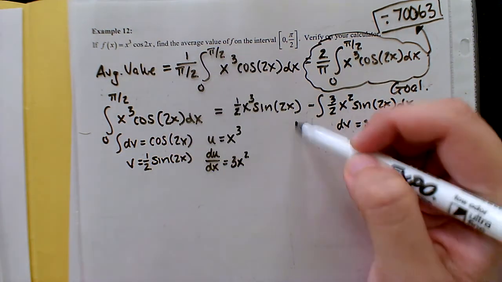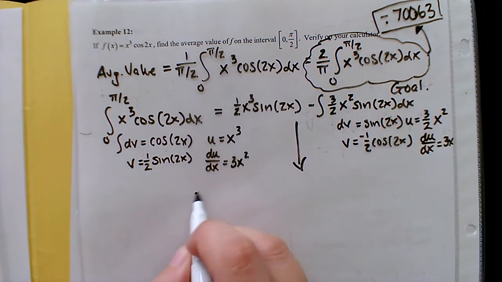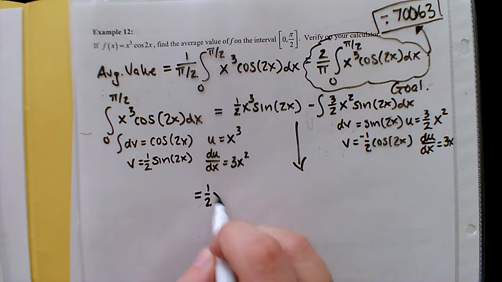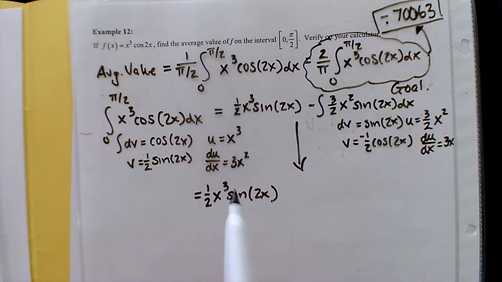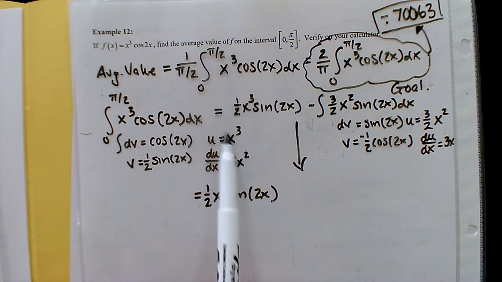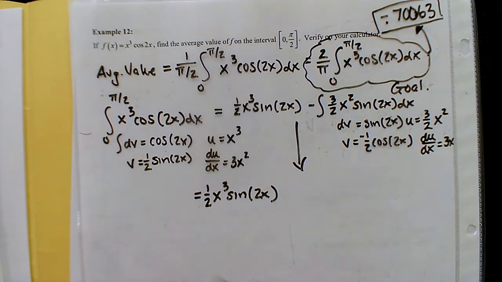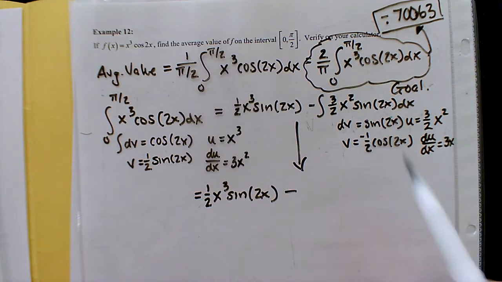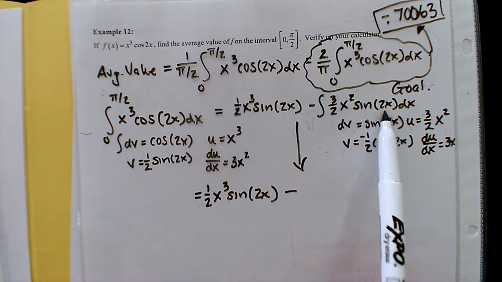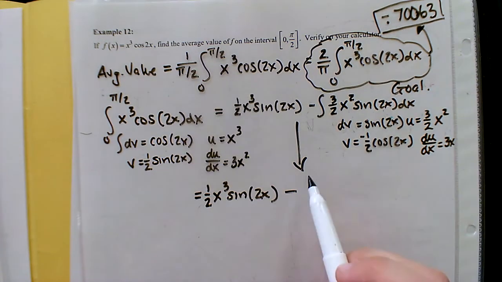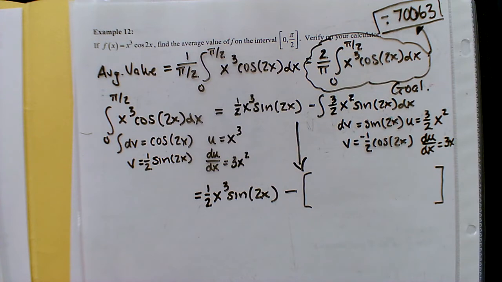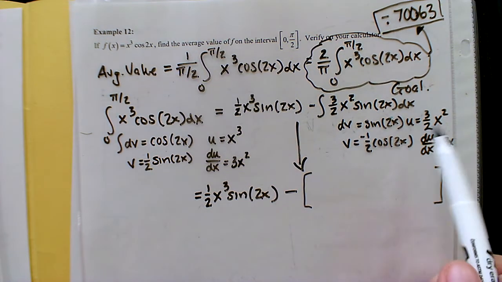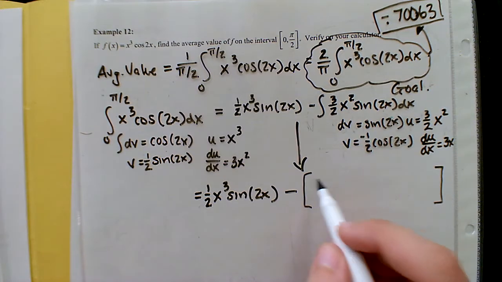All right, so let's go ahead and rewrite what we have here, keeping everything organized so we don't lose track of any pieces. We have the u times v from the initial by parts that we did, and we have to subtract whatever the by parts setup gives us from this new integral. So we're going to subtract all those pieces. So using our new by parts, we need u times v.